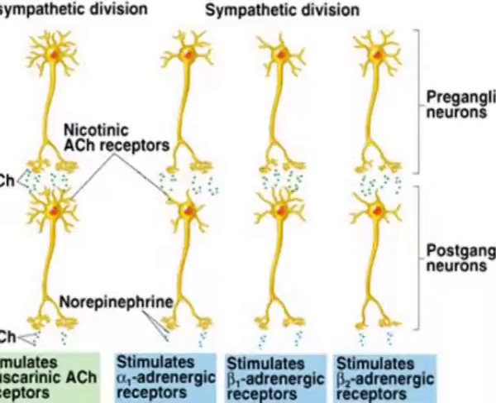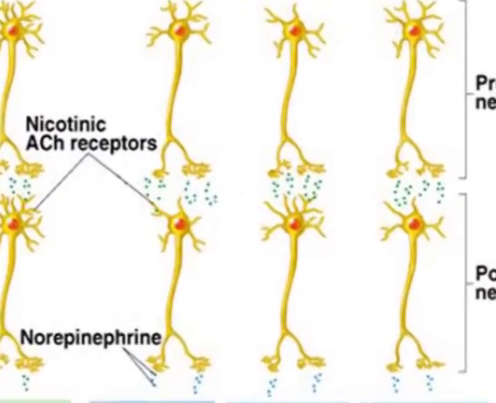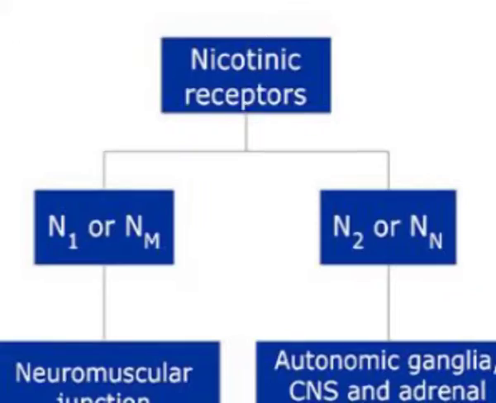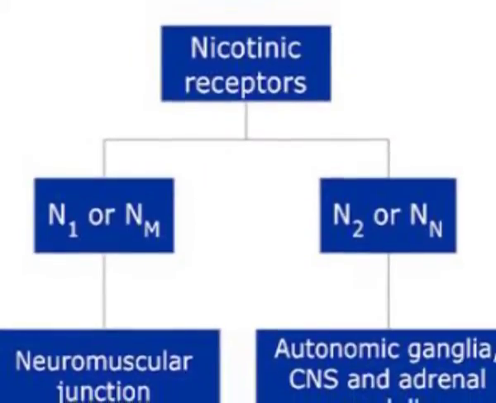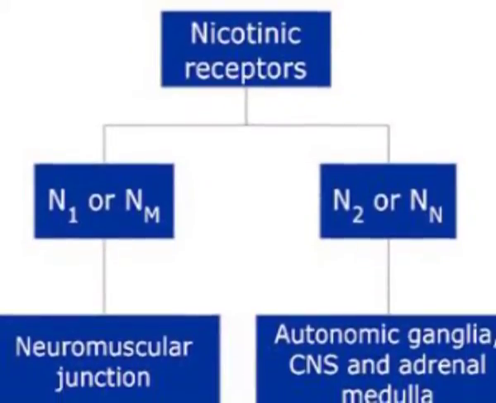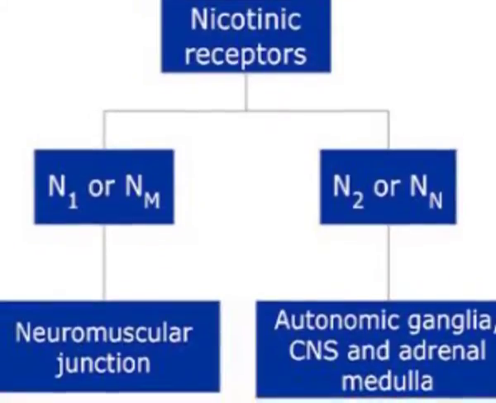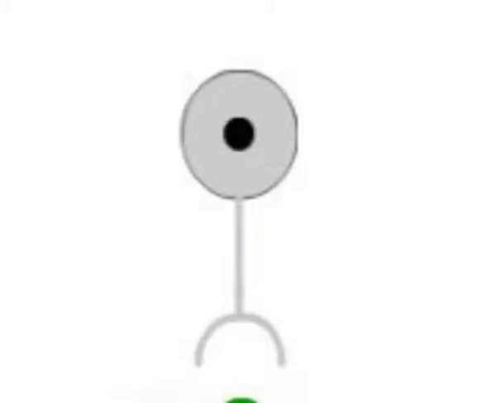Second, nicotinic receptors. These receptors are located in the autonomic ganglia, the neuromuscular junction, the adrenal medulla and in the CNS. Nicotinic receptors are categorized into two types, that is N1 or NM and N2 or NN.